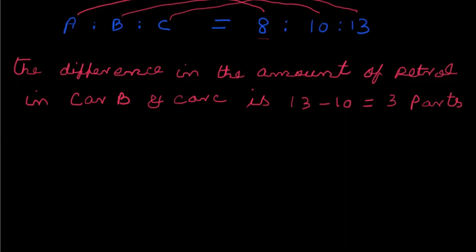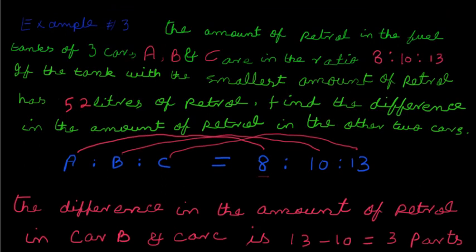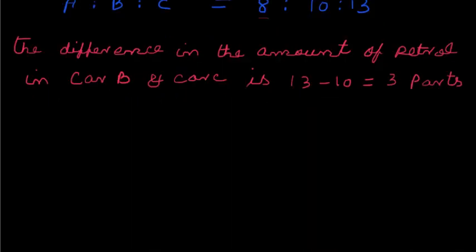Now let's go back to the question and see what they say. In this ratio of 8 to 10 to 13, 8 parts is the least one, and they say the tank with the least amount of petrol, which belongs to A, has 52 liters. Let me write it, changing the color of the text so you can easily see.